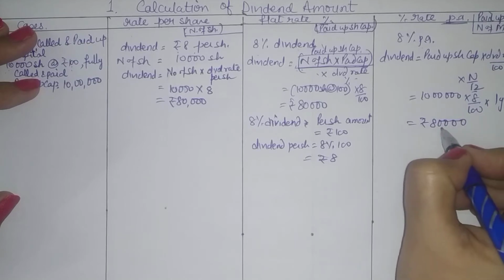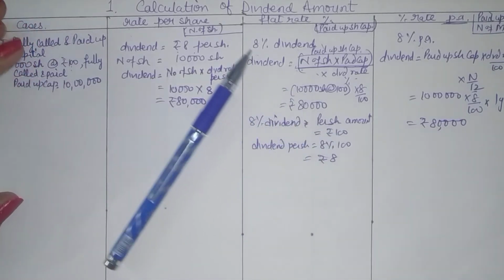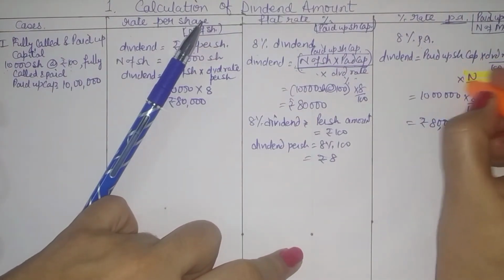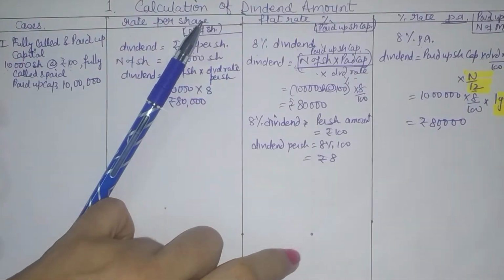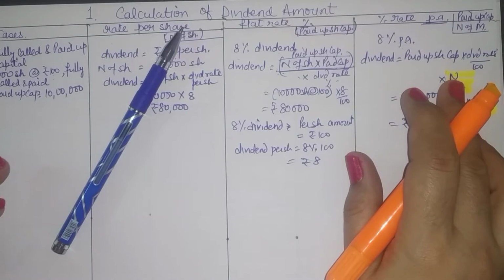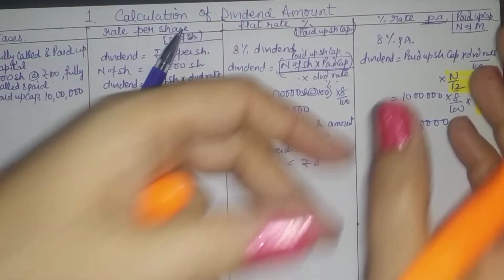The amount will be different in this case when the time period is going to be different from 1 year. So if you are declaring dividend within a year, that is in case of interim dividend, this rate is going to give you different answer.